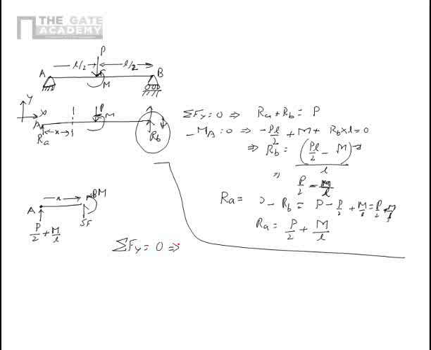That leads me to SF plus P by 2 plus M by L is equal to 0. So that means that SF is equal to minus P by 2 minus M by L.